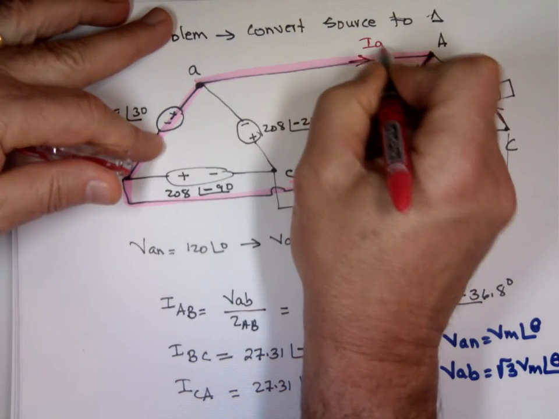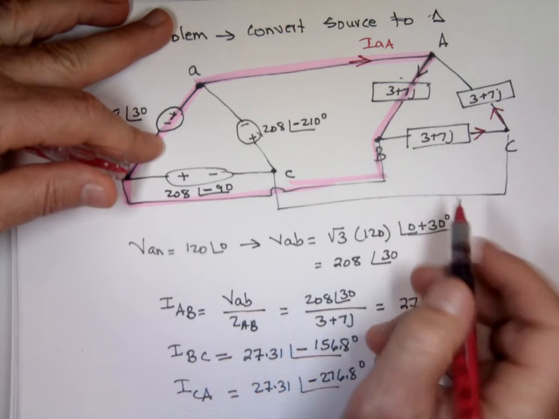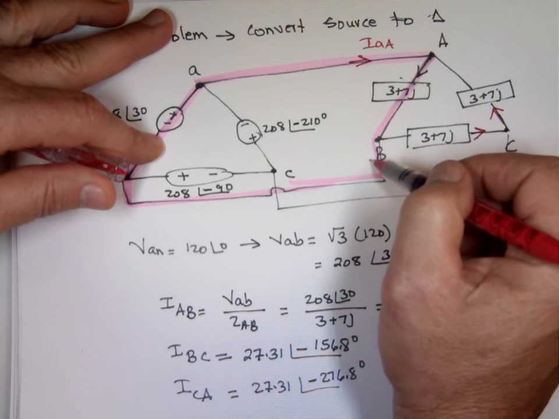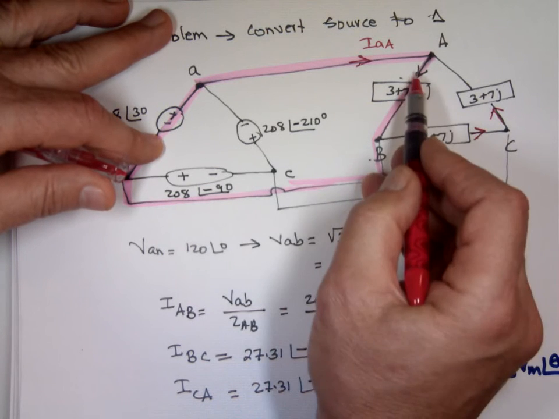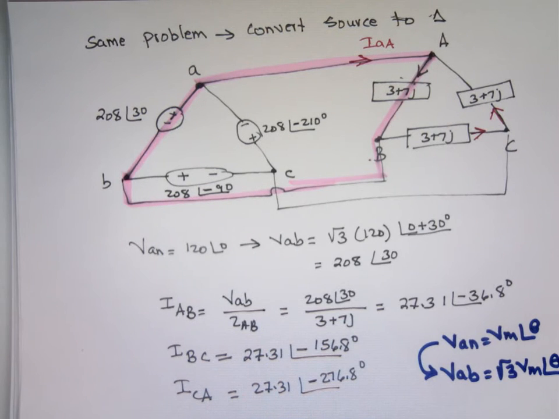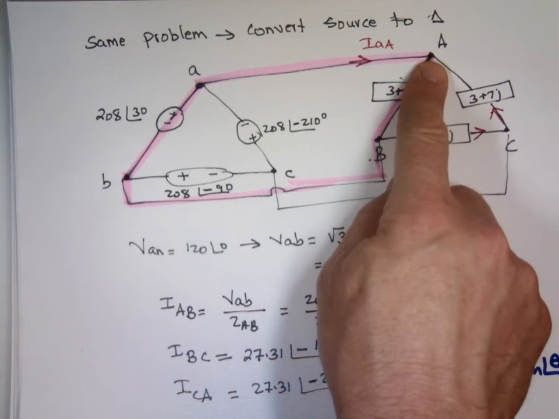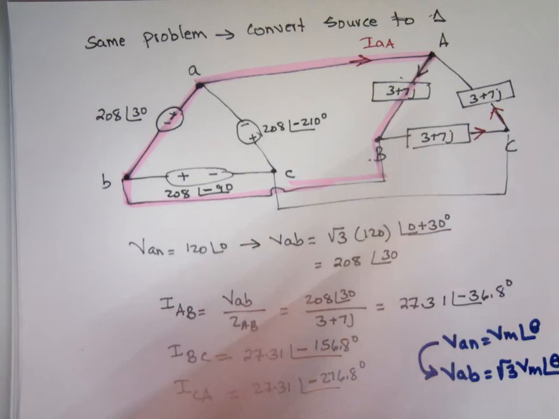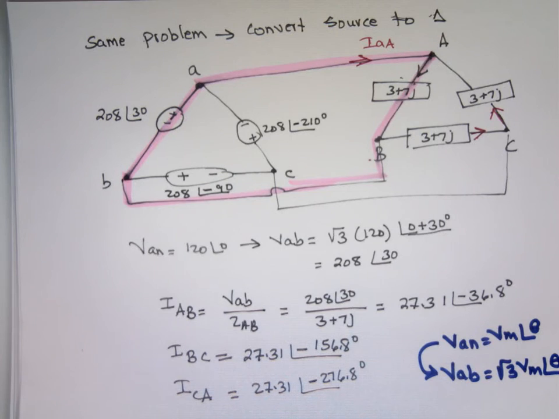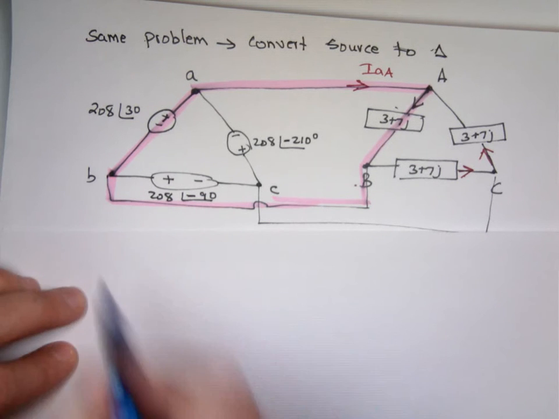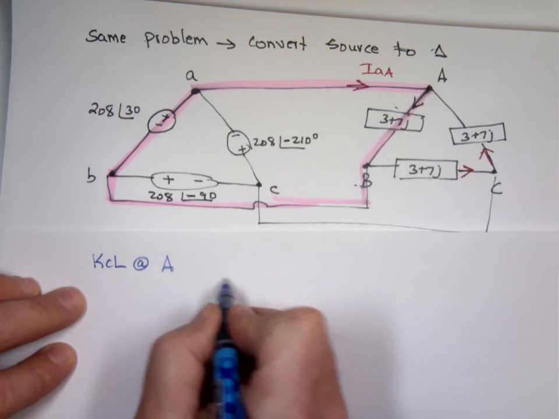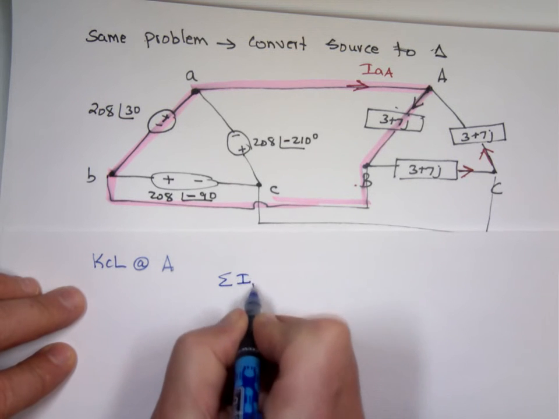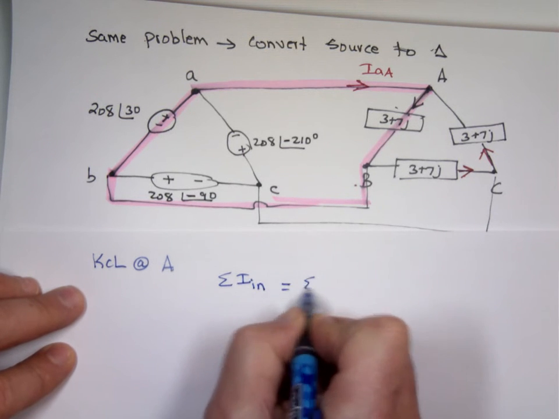Based on my picture, it's from A to B. The sum of the current entering the node should equal the sum of the current coming out of that node.